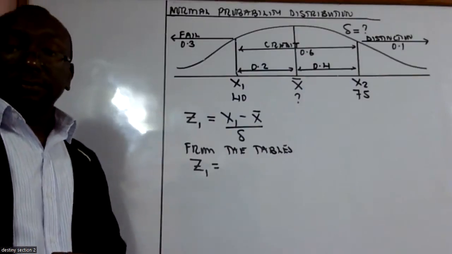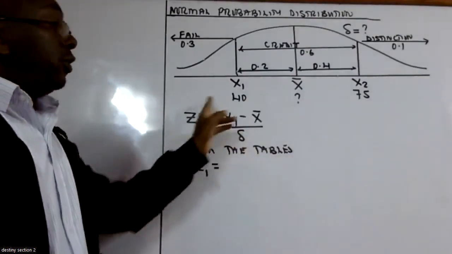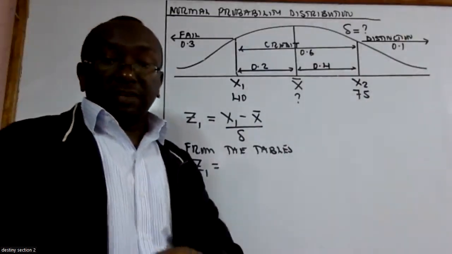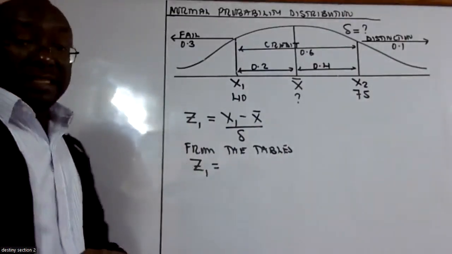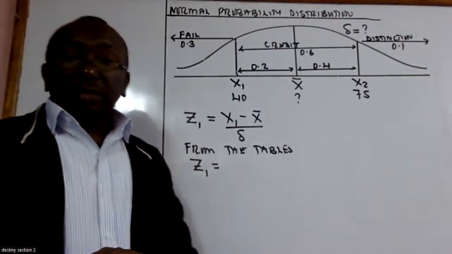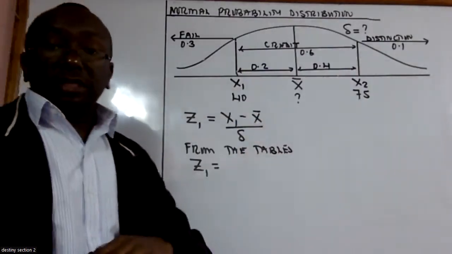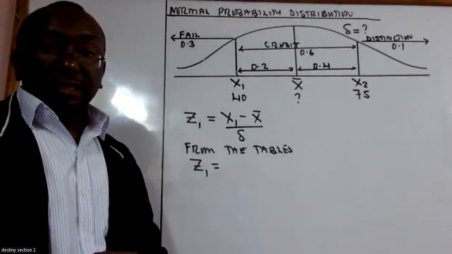I think it will be negative. Good. It will be negative because we are on the lower side. And the Z2 will be positive because you are on the upper side. Now, I want you to go inside the tables. Which value are we going to read to look for, Samuel? Inside the tables.